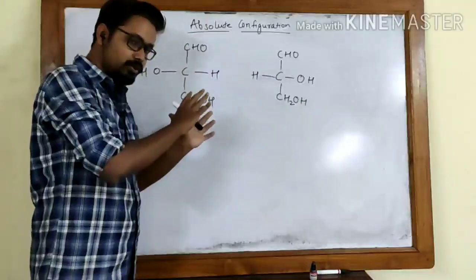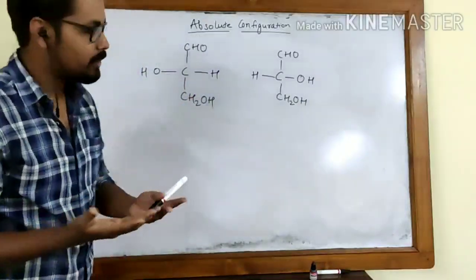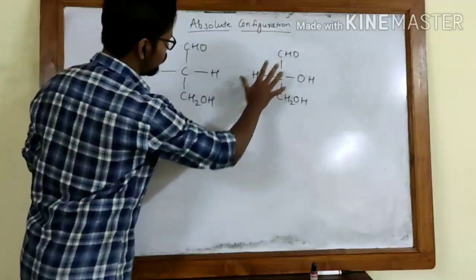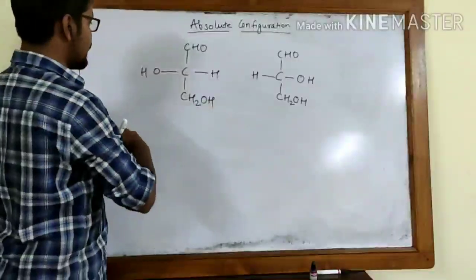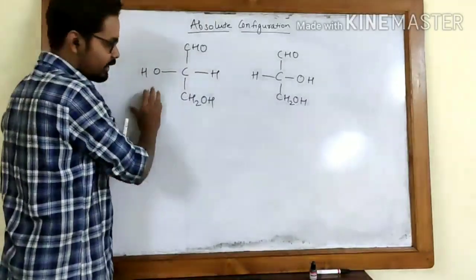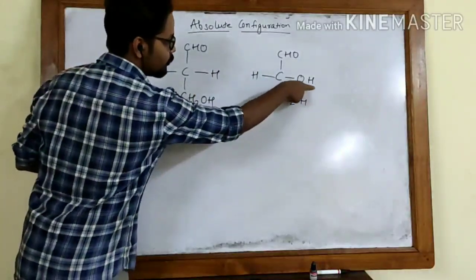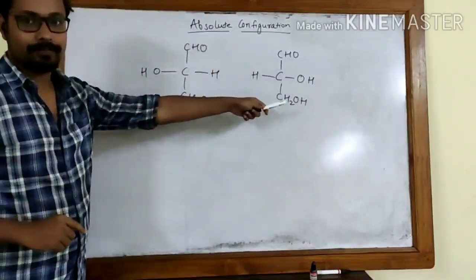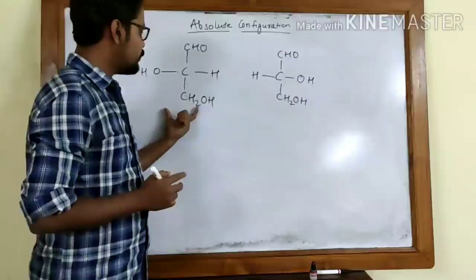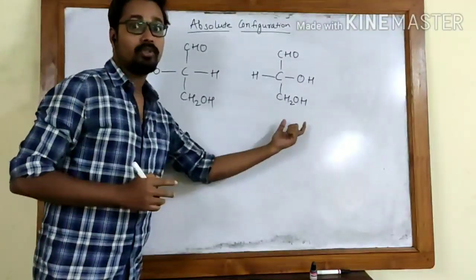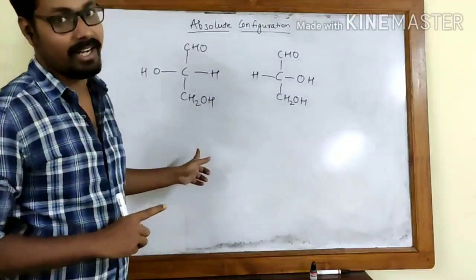This is how Fischer used to depict molecules. Based on this Fischer configuration, the hydroxide group in this configuration is towards the left. In this configuration, the hydroxide has gone towards the right. As a result, these are two different absolute configurations of glyceraldehyde.